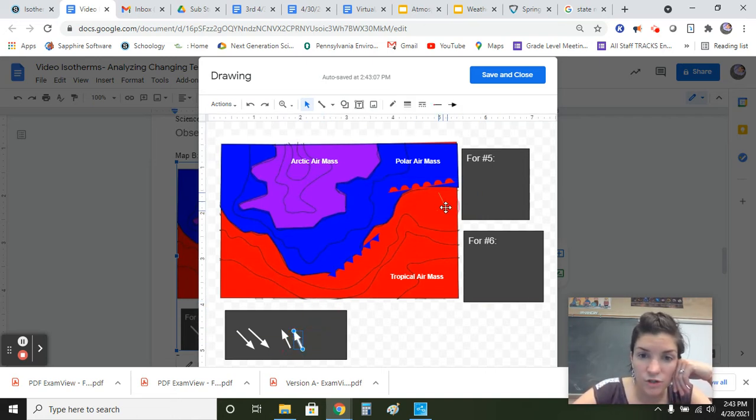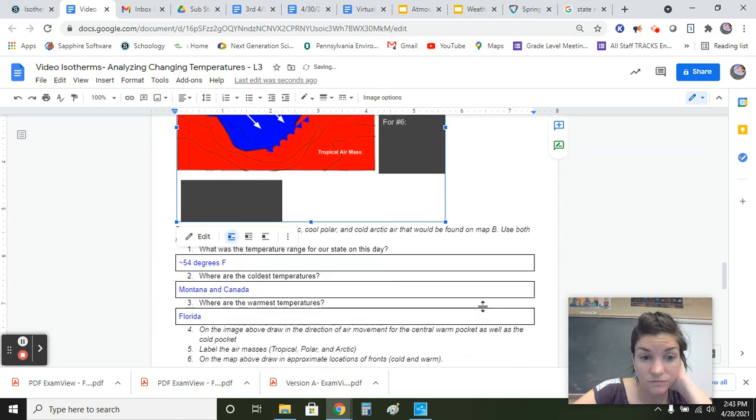So I'm going to drag these in to where they're pushing in. That air is pushing in like this. This air is pushing down like this. So again, wherever there's these weird lumps, that's where one air mass is pushing into another. That's how I figured that out, okay? You're going to have to be able to figure that out too.